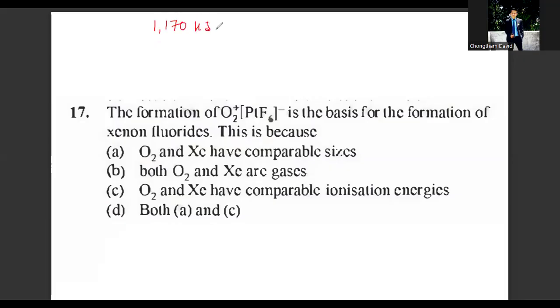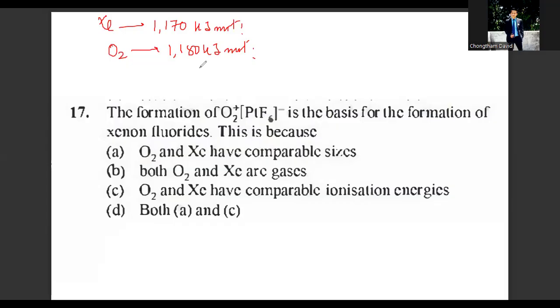This is very close to that of dioxygen, which is 1180 kilojoule per mole. So this is a very close value. And the molecular diameters of xenon and dioxygen are almost identical.